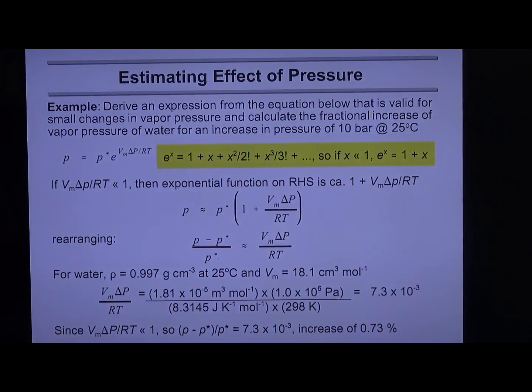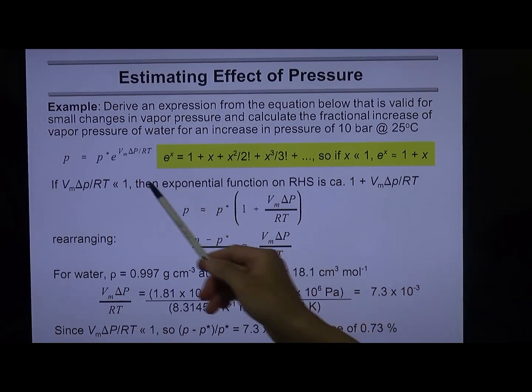Alright. To derive this vapor pressure change upon applied additional pressure on the liquid, we assumed that the increase in vapor pressure is very small, right? We need to demonstrate it. Okay? So, we got this relation here, right?